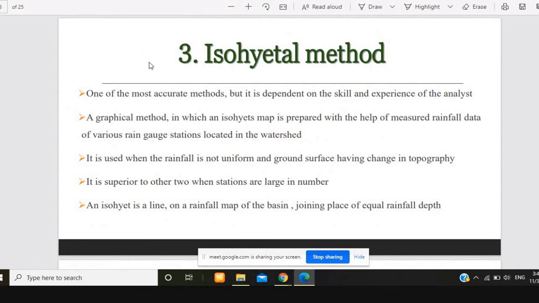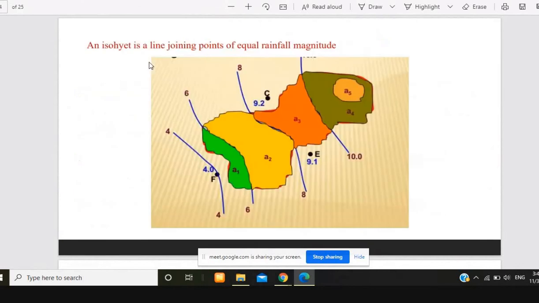So isohyet means the line, or imaginary line, joining the points of equal rainfall depth. That is an isohyet. A one word question for isohyet may be asked. What is an isohyet? It is a line joining points of equal rainfall depth. So that is an isohyet.